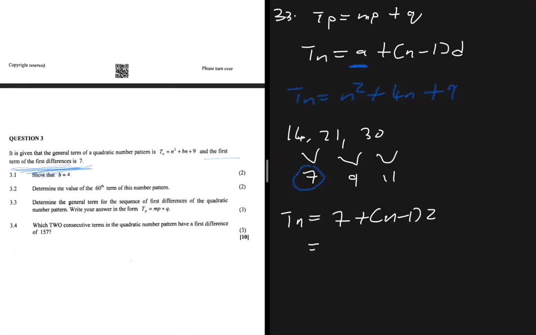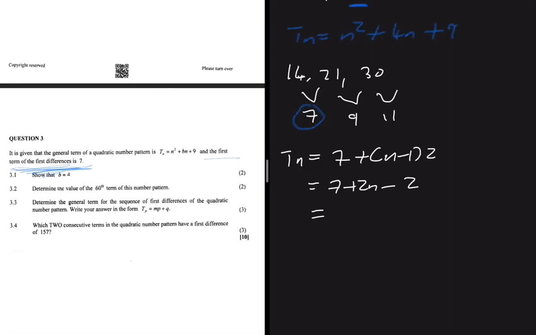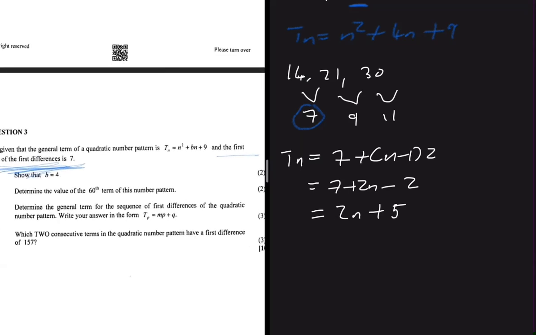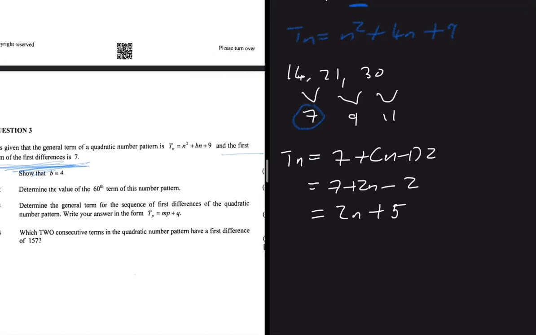So Tn will be equals to 7 plus 2n minus 2. So now we're going to have 2n plus 5, right? So that is the general term of the sequence made by the first differences of a quadratic number pattern. The sequence made by the first differences of a quadratic number pattern is always going to be arithmetic, right? Yeah, that is always true.